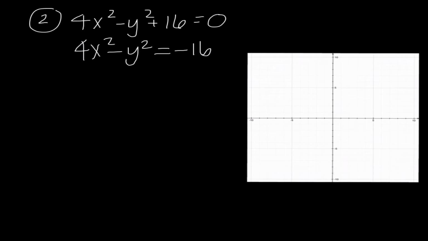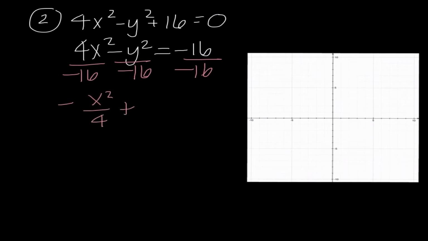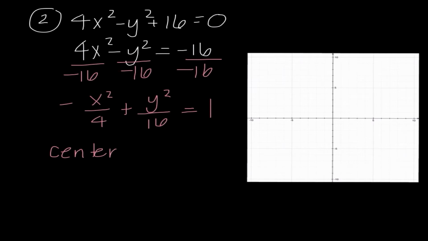And now I'm going to divide all of these by negative 16. So I get negative x squared over 4 plus y squared over 16 is equal to 1. If we really wanted to, we could rewrite this so the y squared is first, but I would leave it like this. I think we can figure it out.